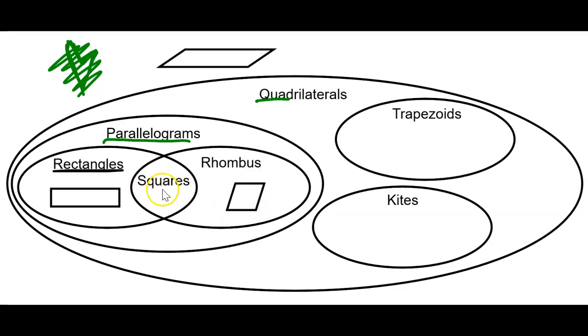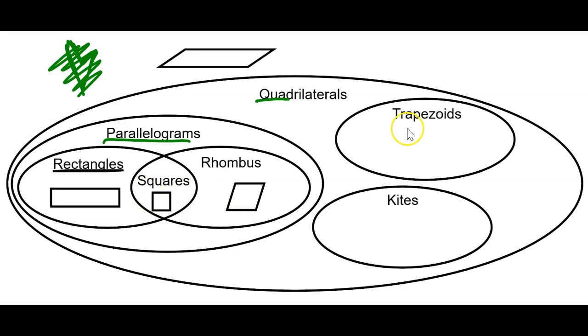Now notice the square right here is a subset of the rhombus oval, and it's also a subset of the rectangle oval. So anything that's a square is both a rhombus and a rectangle. So in that case, you have a parallelogram with the opposite sides being parallel, and then you have a rectangle because all four angles are 90 degrees, and then you have a rhombus also because all four sides are equal.